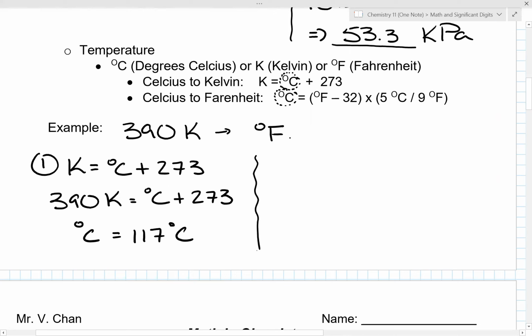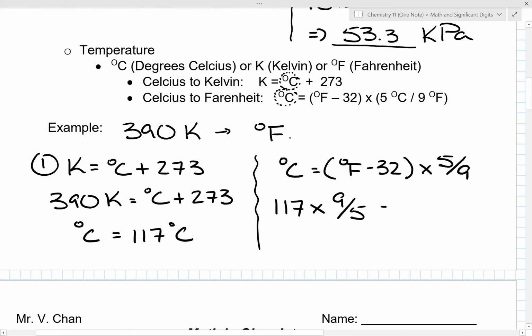The next step is to plug this answer into this formula. Degrees Celsius is degrees Fahrenheit minus 32 times 5/9. So if we plug it in, we have 117 times 9/5 is equal to degrees Fahrenheit minus 32.